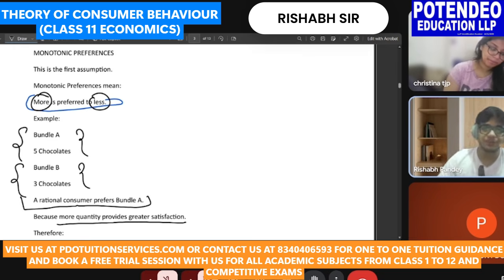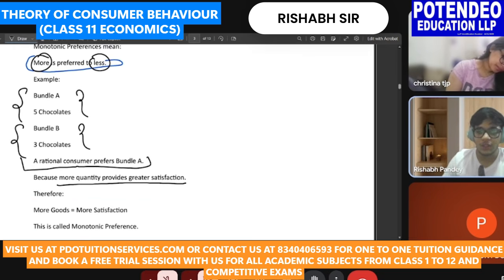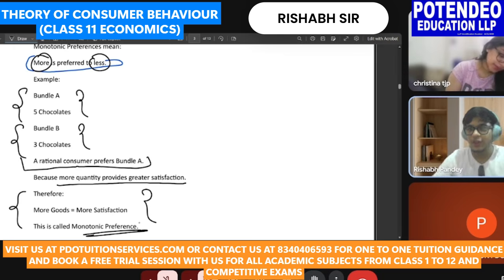This is a line I want you to know in monotonic preferences. Please write this down. And also this one: therefore, more goods is more satisfaction. This is called monotonic preference. Let me have the complete one, please. You can use your example also. It's even better to use your example.